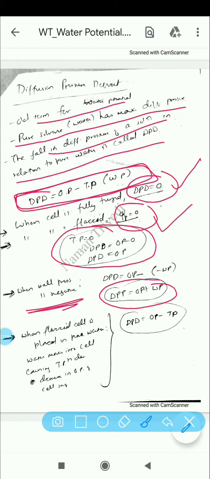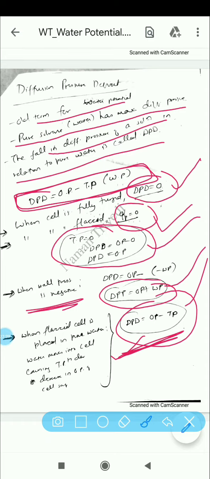So diffusion pressure deficit will be equal to OP plus WP. For a flaccid cell put in pure water, water will move inside the cell. So DPD equals OP minus TP. Remember, all these formulas will be useful for some questions. You are supposed to just go through these.